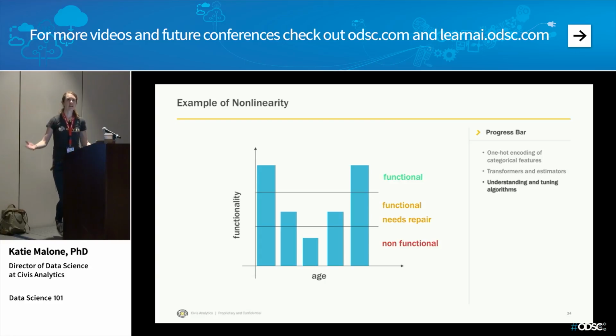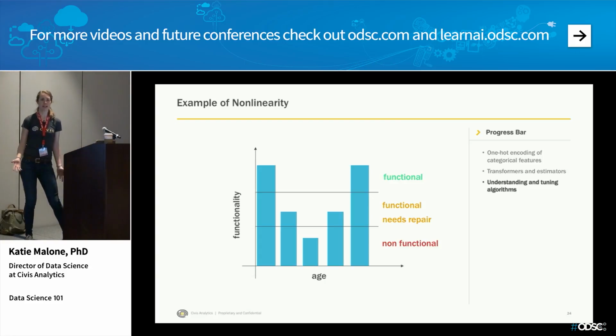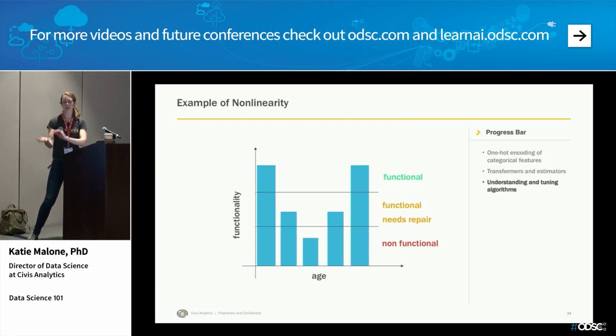So let's take a concrete example of nonlinearity. I'm making this up, but let's suppose that there's the following relationship between age and functionality. When a well first opens, it's pretty highly functional. Then after a short period, the functionality starts to degrade.